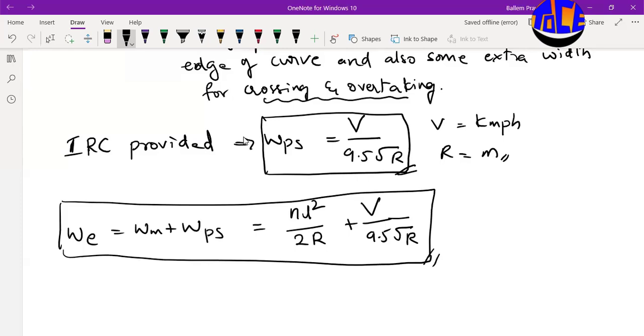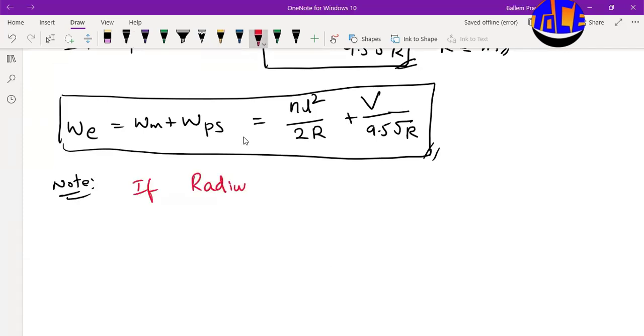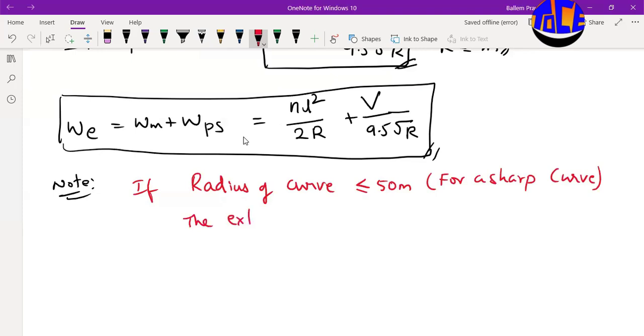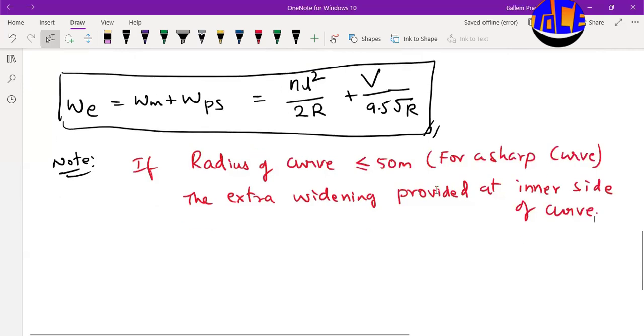A few more things we need to remember. If the radius of the curve is less than or equal to 50 meters, that means for a sharp curve, the extra widening is provided at the inner side of the curve.